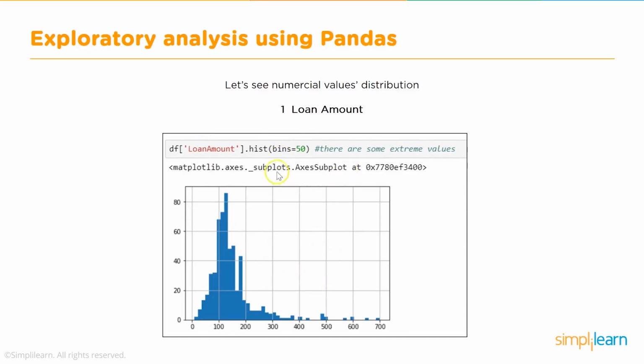And as you can see, there are some extreme values. This is again to identify whether we have to do some data preparation, because if the data is in a completely haphazard way, the analysis may be difficult. So exploratory data analysis is primarily done to understand that and see if we need to do some data preparation before we get into the other steps like machine learning and statistical modeling and so on.